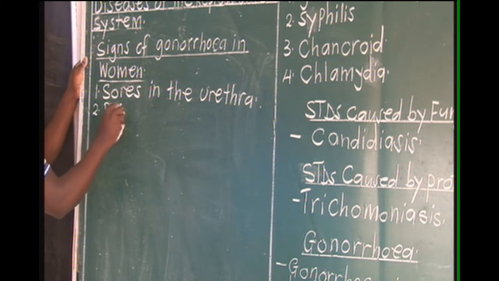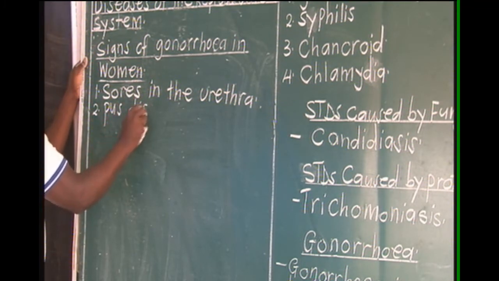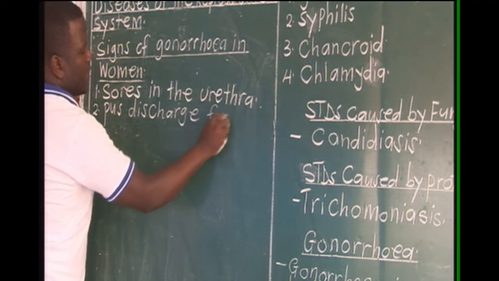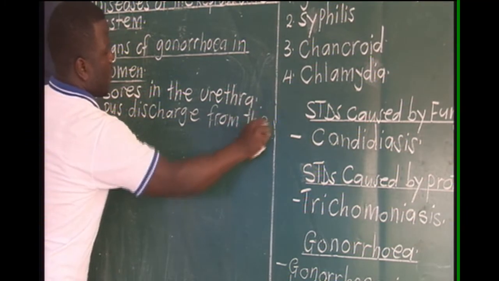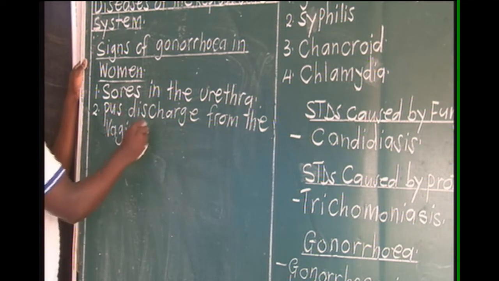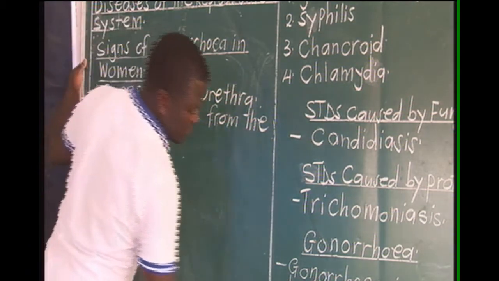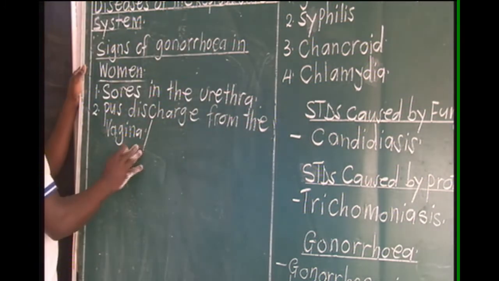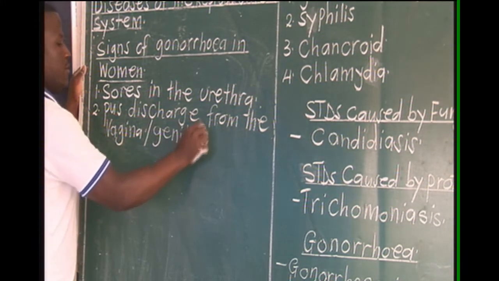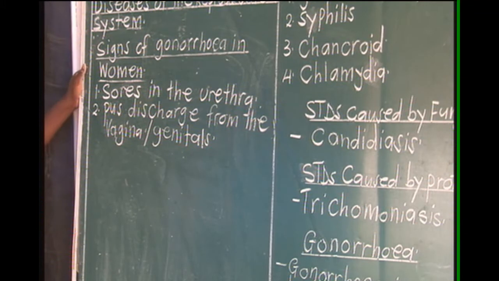Then pus discharge from the vagina. We can say pus discharge from the genitals, because genitals are the reproductive organs.